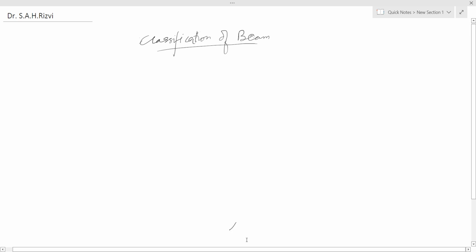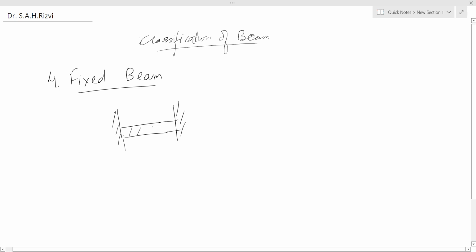The fourth type of beam is fixed beam. Like cantilever, it has one end fixed, but here it has both the ends fixed and load acts like this on the beam. And lastly, the fifth type is continuous beam.